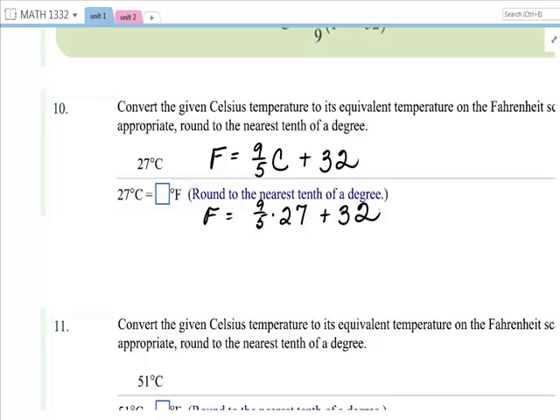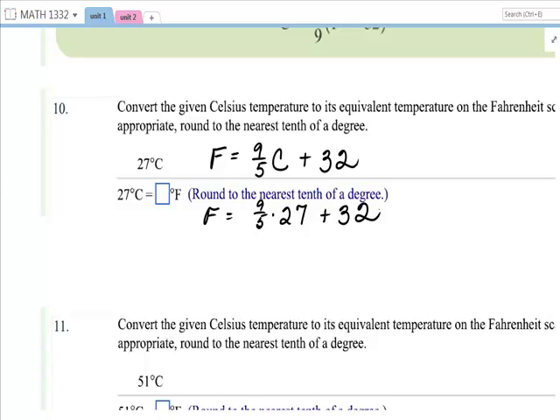So I'm going to be off video for a second, because I'm going to type this in exactly as I see it. I've got 9 divided by 5 times 27 plus 32. Now, this is going to work because of order of operations.